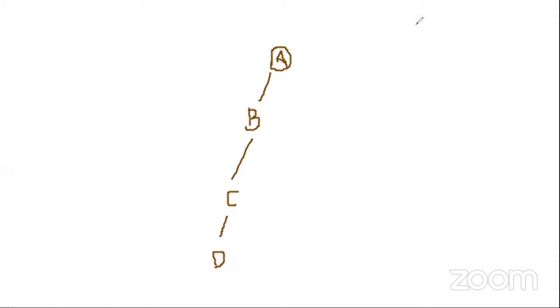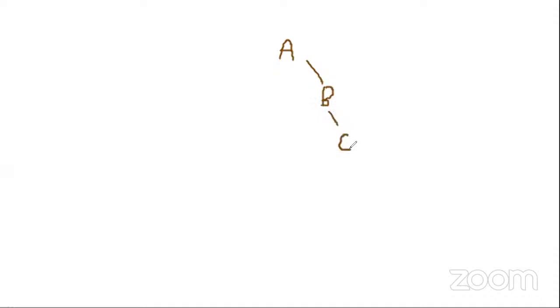Now please look at the right skewed tree. The same representation will be there, that means no more left children, only right children. These are the different types of binary tree. Are you comfortable with this binary tree?